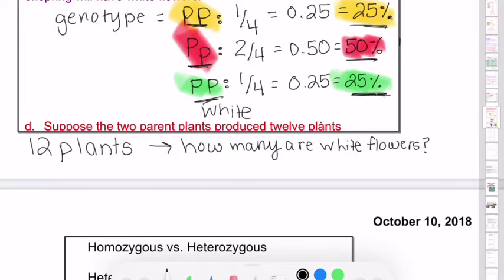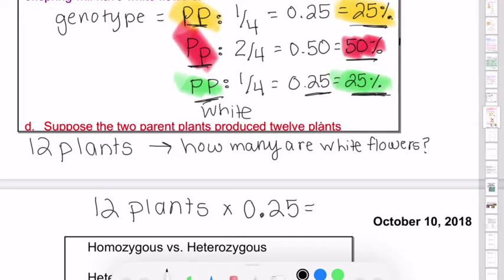So we can just take our 12 plants and multiply it by 25%. If you want to do this with 25%, it's best to do it as a decimal. That's what 25% is in a decimal. That's why I wrote it there.